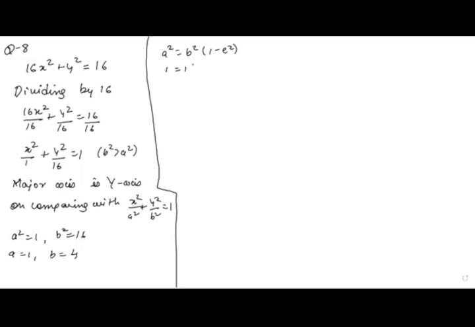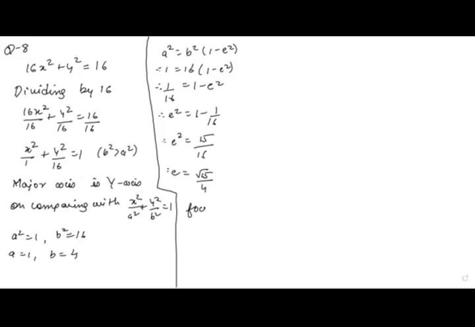So 1 is equal to 16 into 1 minus e square, 1 by 16 is equal to 1 minus e square. Therefore e square is 1 minus 1 by 16, 15 by 16. Therefore eccentricity is root 15 by 4.